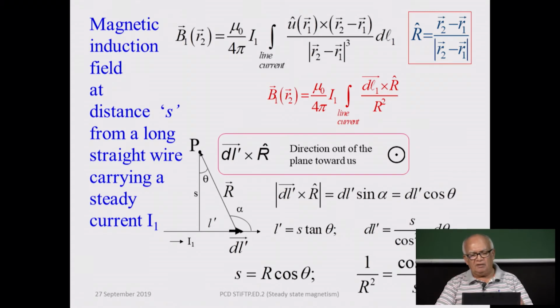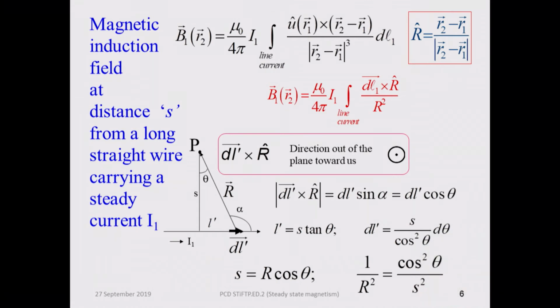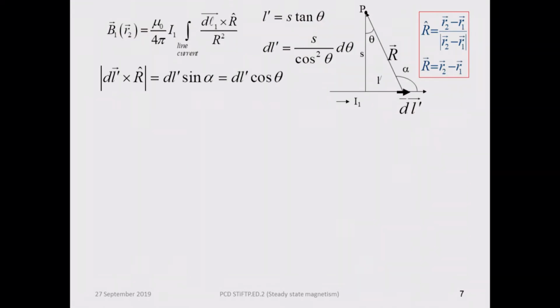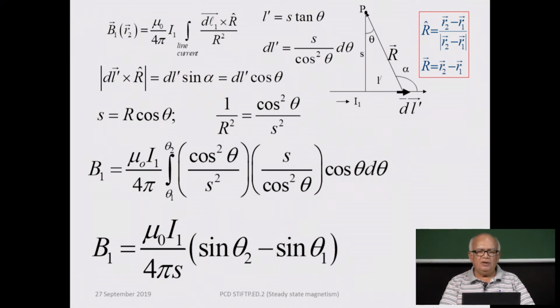So, basic Pythagoras geometry gives you these relationships between the distance and the angle which that current segment, tiny length segment, subtends at the point P, right, with respect to some central point. And then using this geometry, which is nothing but the Pythagoras theorem, you now have to integrate from theta 1 to theta 2, where those are the angles subtended at the end points.